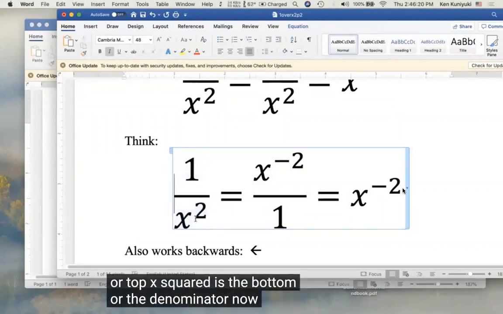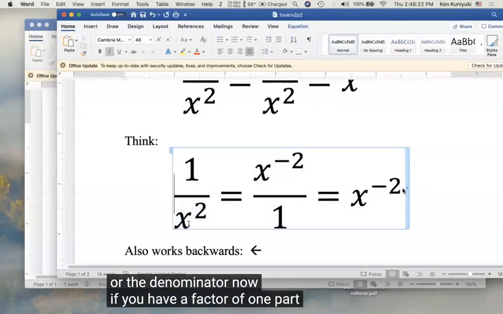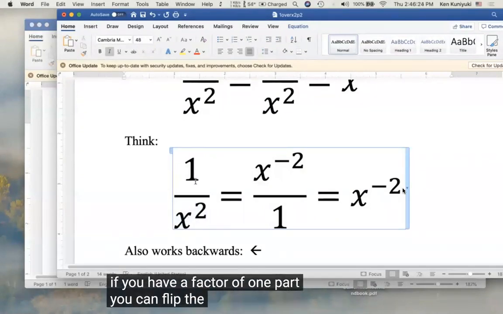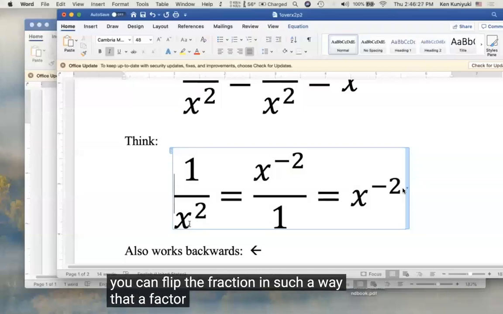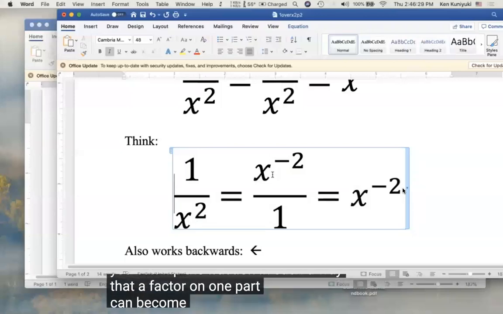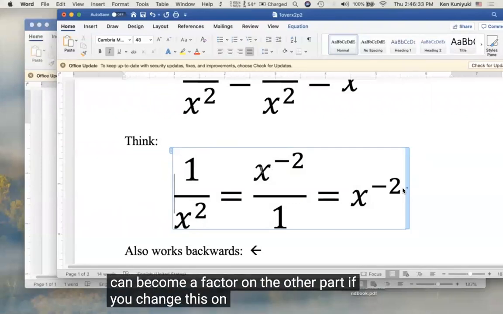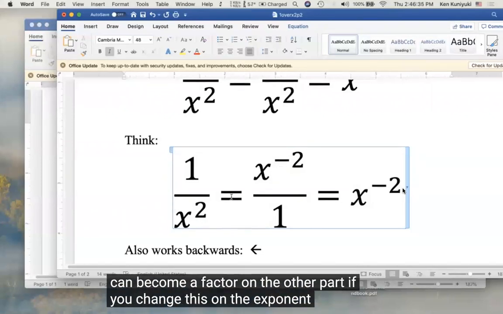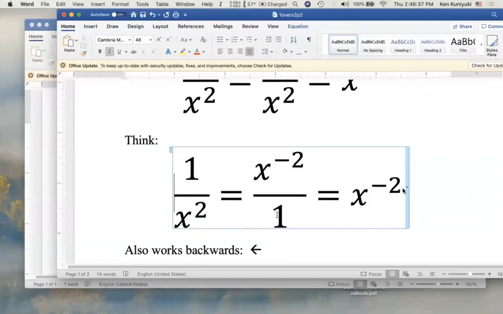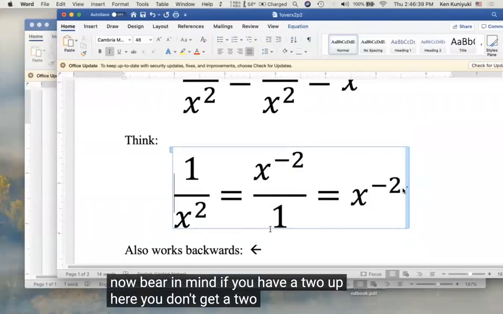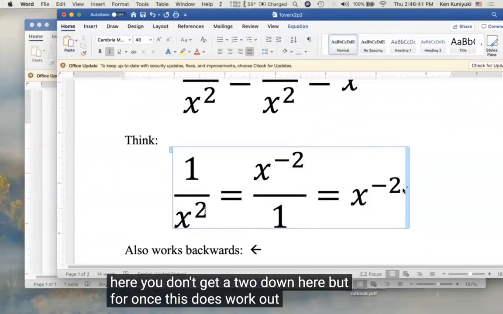Now, if you have a factor of 1 part, you can flip the fraction in such a way that a factor on 1 part can become a factor on the other part if you change the sign of the exponent. Now, bear in mind, if you have a 2 up here, you don't get a 2 down here. But for ones, this does work out.